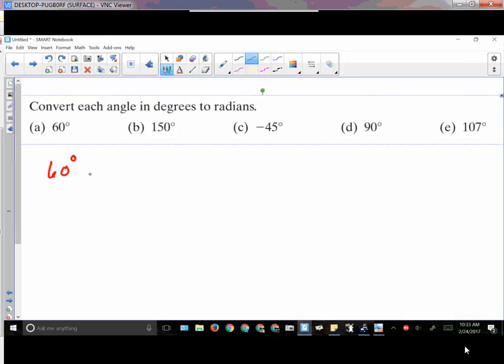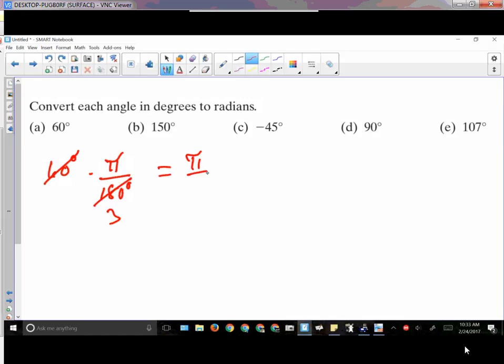So I would get this multiplied by pi over 180 degrees. So this cancels with this, and I get 3, so this is going to be equal to pi over 3. 150, same idea. Multiplied by pi over 180. This cancels off.